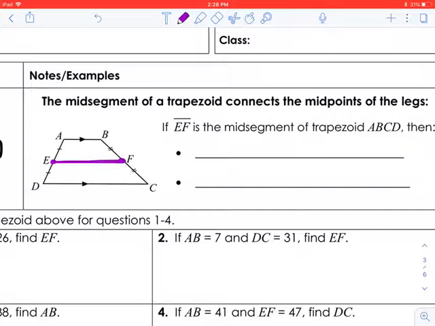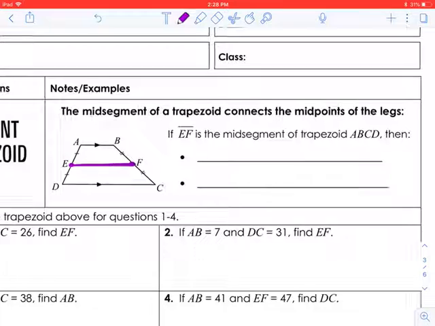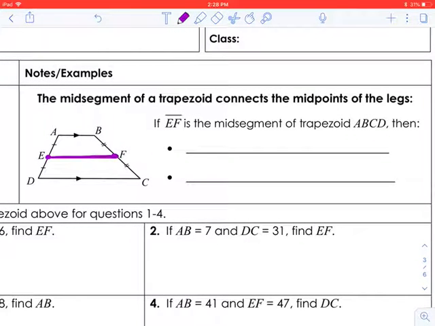Okay, so in this case, I've got one property of a mid-segment. Well, first of all, these two segments are equal because that's a midpoint. But second of all, if you have a mid-segment, it is parallel to both of the two bases that are already parallel. So in this case, AB and EF and DC are all parallel to each other.